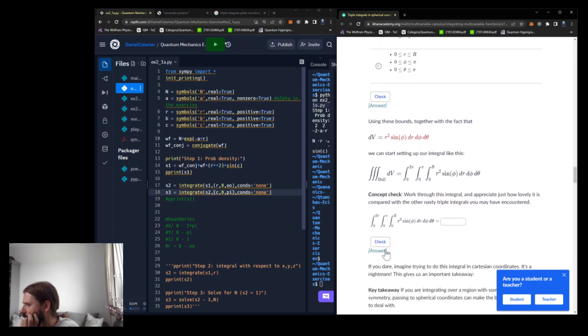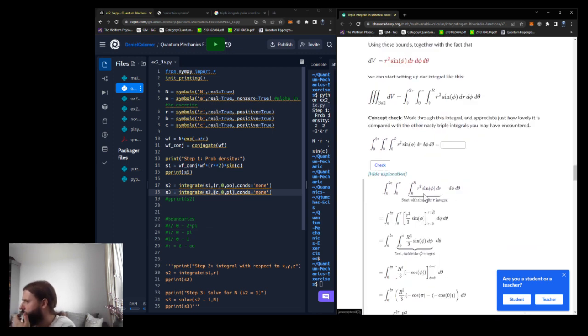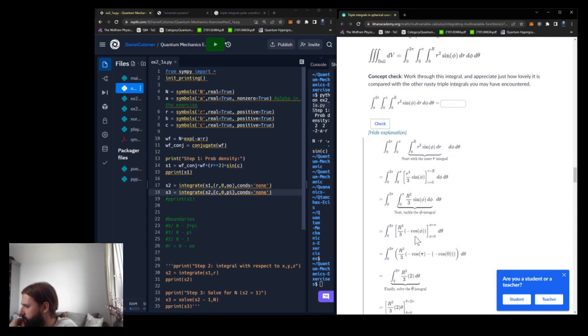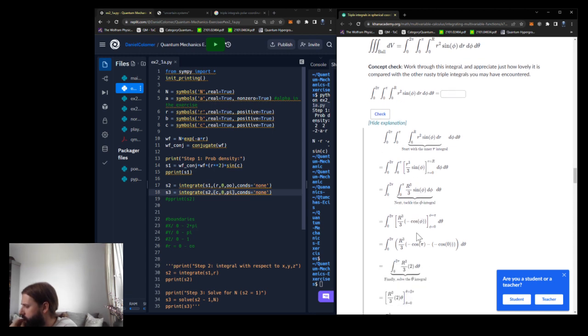So how do they do this here? They first work on these, then they work on that, and then, but there's no d theta here.